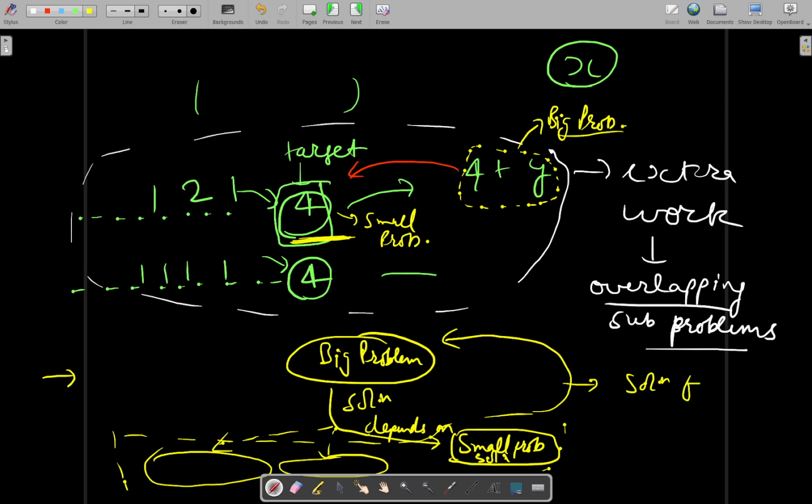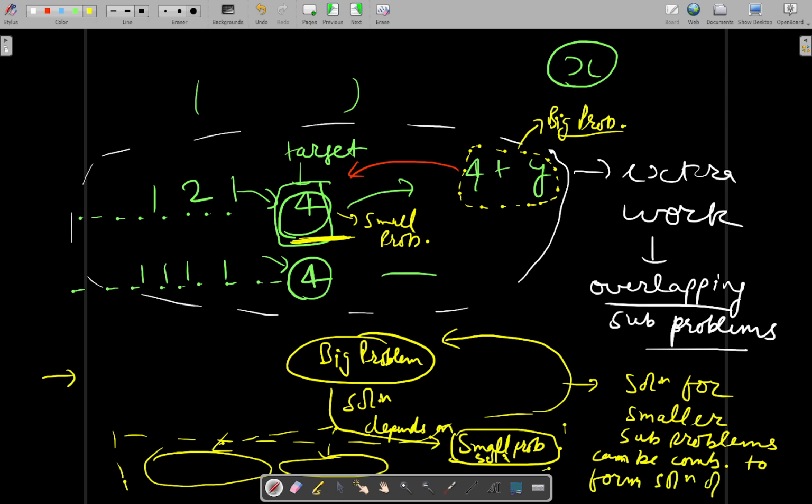The solutions for smaller subproblems can be combined into the solution of the bigger problem.